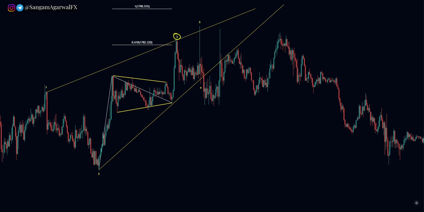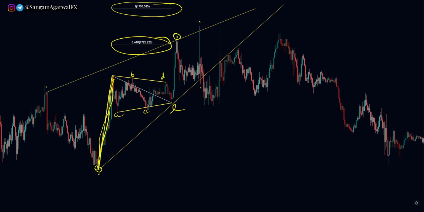Because you see that, top to bottom, the third wave has made a triangle chart pattern in the middle, and if you use the wave extension tool compared to this wave, then it did not even make a 100% projection, and the top was made near the 61% projection.